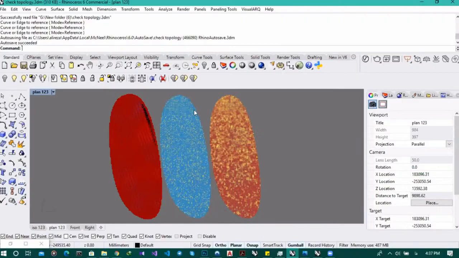Okay, thank you. Just for the final speech, I want to show you the results. We just had some problems as I checked the code, as dear friend Jennifer said, that we don't have an intersection between columns and slabs.